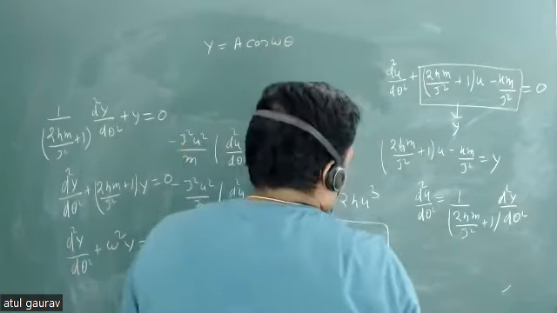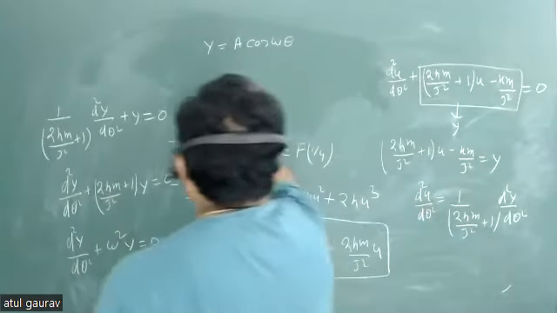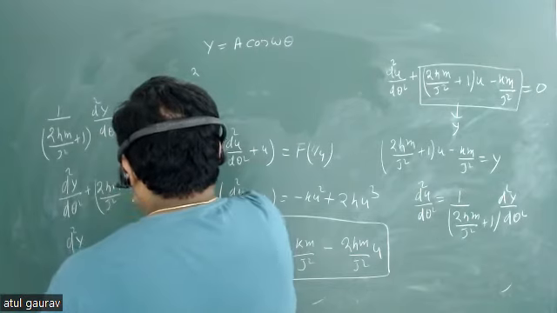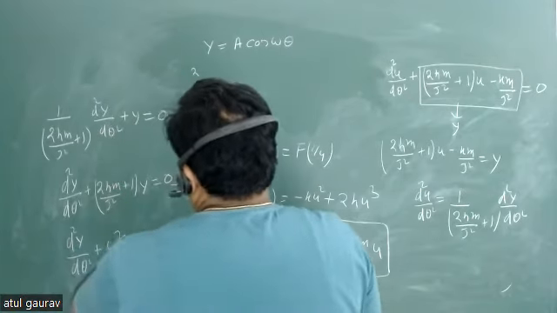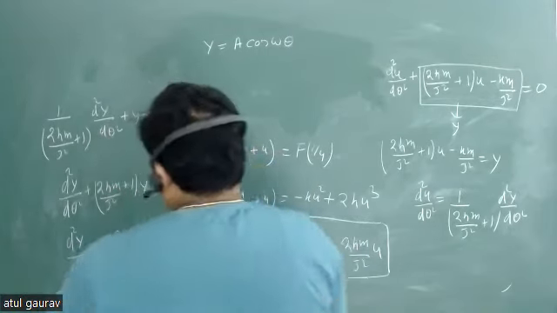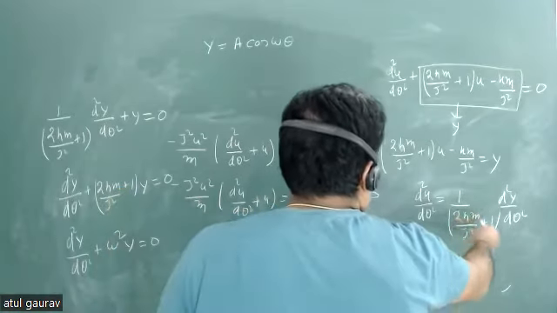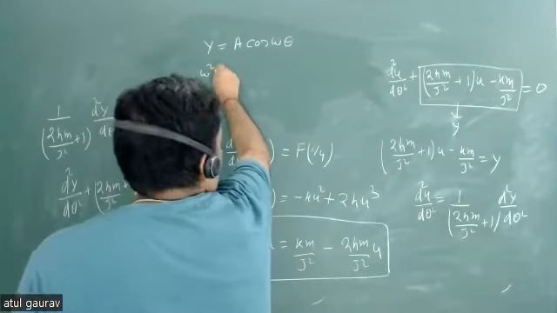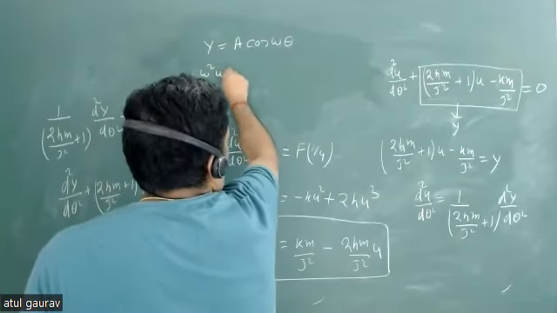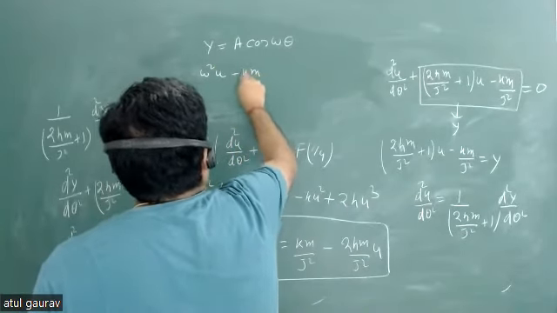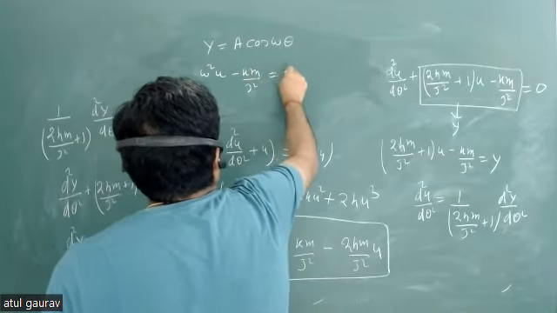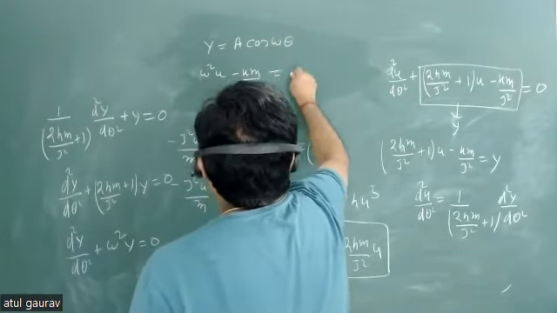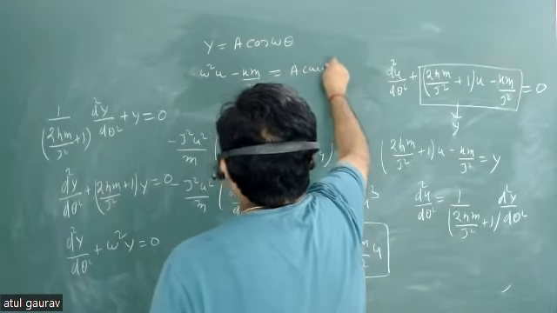And what is y? y is omega square u minus km upon j square, and that value is equal to a cos theta.